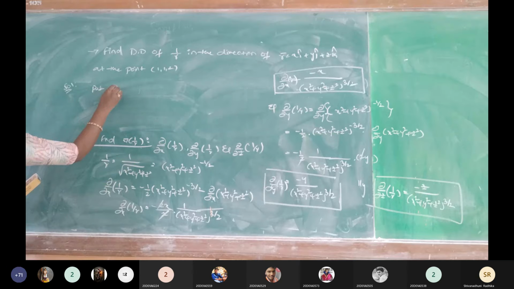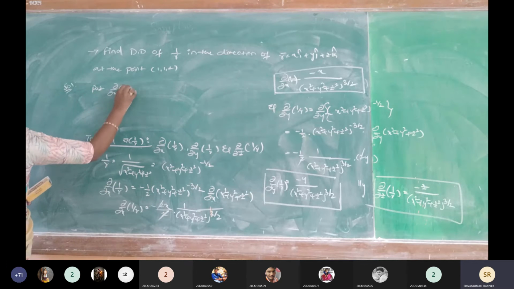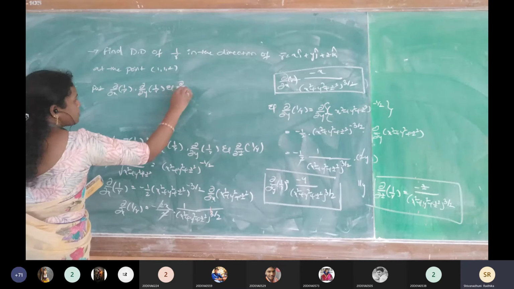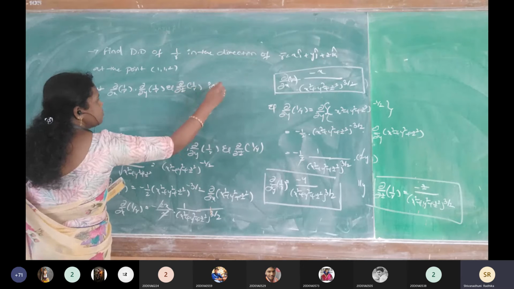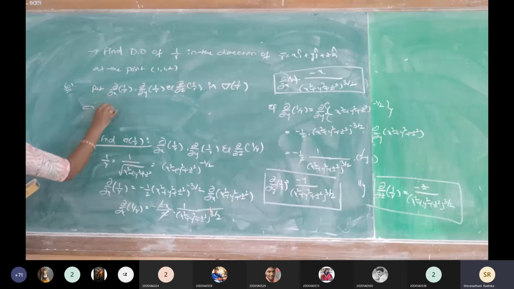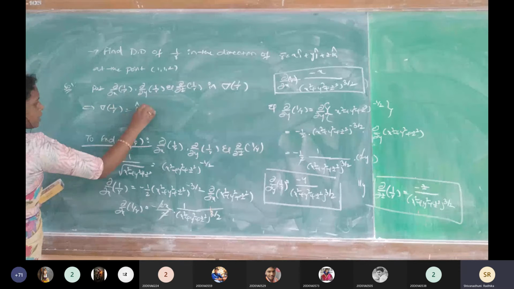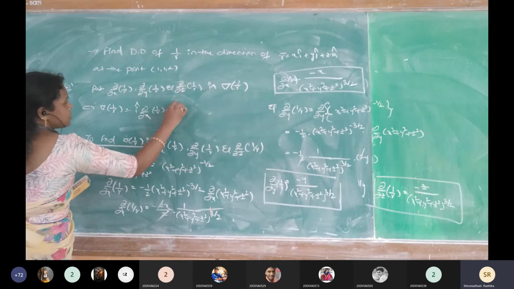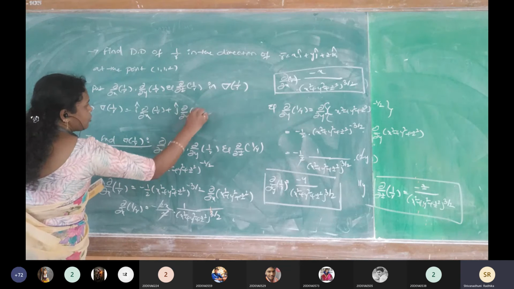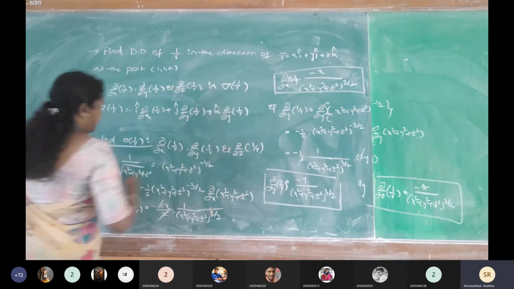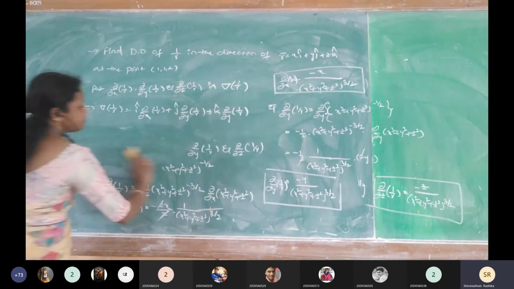Put del by del x of 1 by r, del by del y of 1 by r, and del by del z of 1 by r in del of 1 by r. So what is del of 1 by r? What is the formula? i cap del by del x of 1 by r plus j cap del by del y of 1 by r plus k cap del by del z of 1 by r. Is it clear?